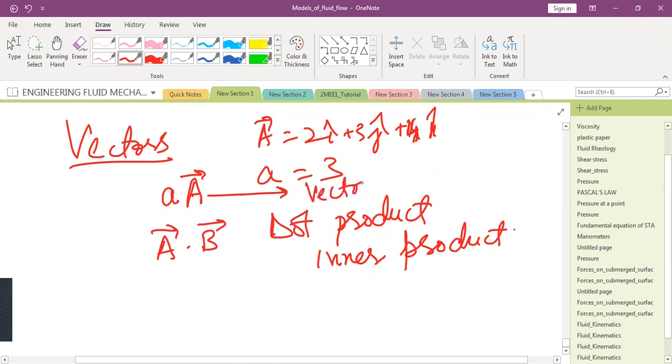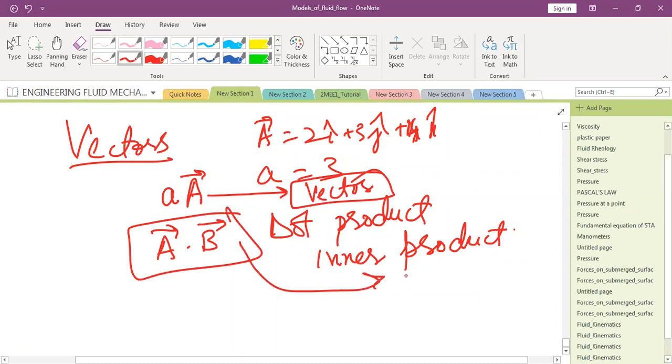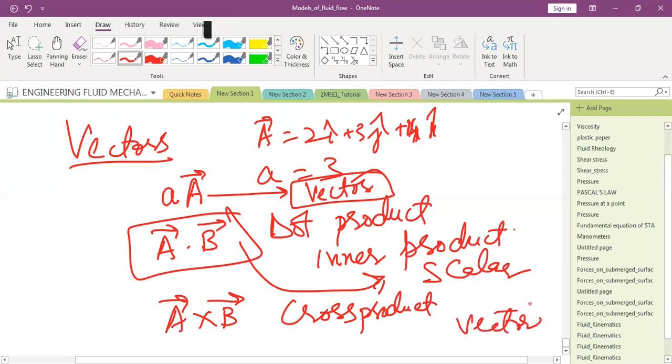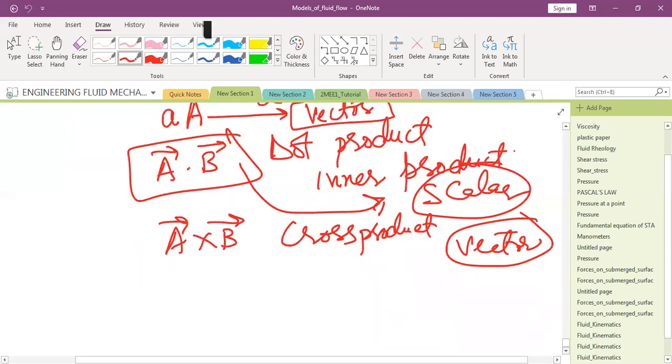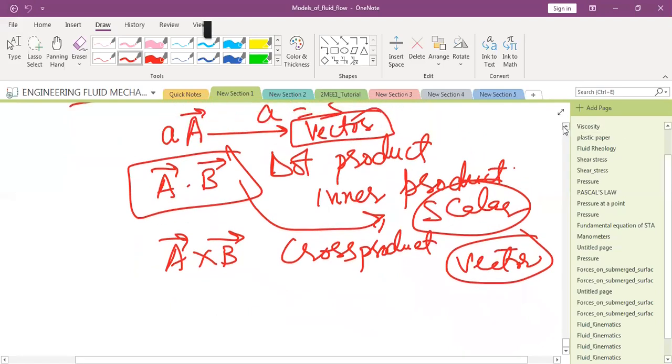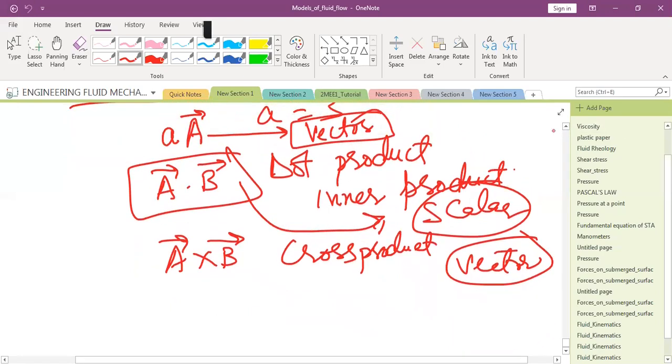What about the dot product case? Scalar. What about this case? We get a vector quantity. This is called the cross product, and you get a vector. Are you clear? Any doubts? Now likewise, you should remember these del, this gradient, divergence and curl.